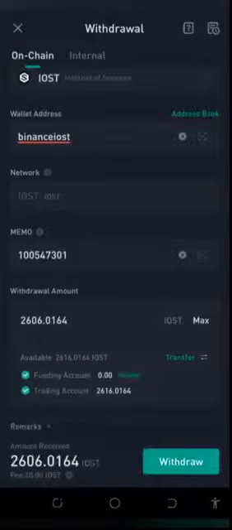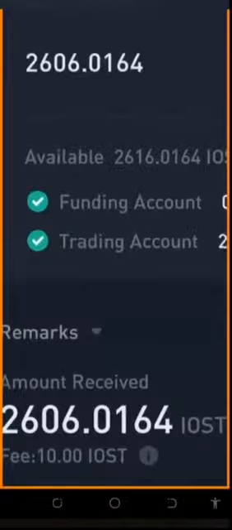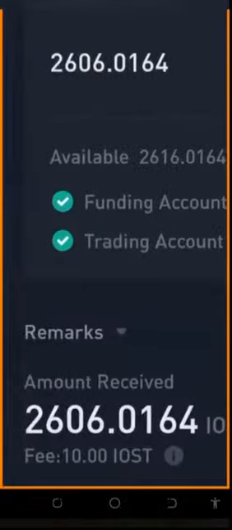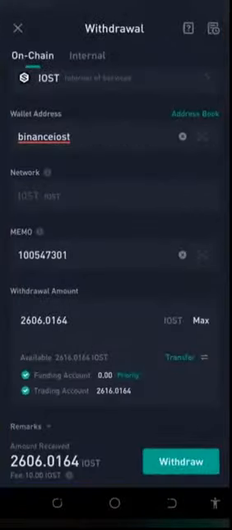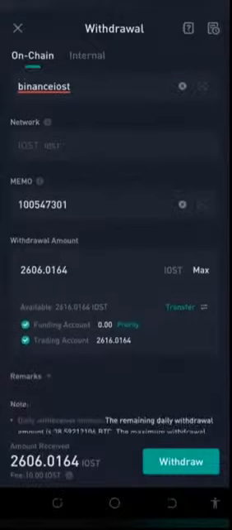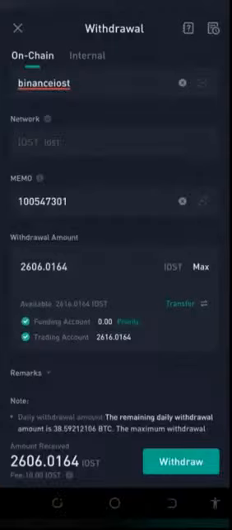So what we get is 2606. Remember that there's going to be a withdrawal fee of about 7 cents. It says that the fee is 10 IOST, which is the equivalent of about 7 cents. So we're going to go over and get this done. All right. So one to go. Let's withdraw.